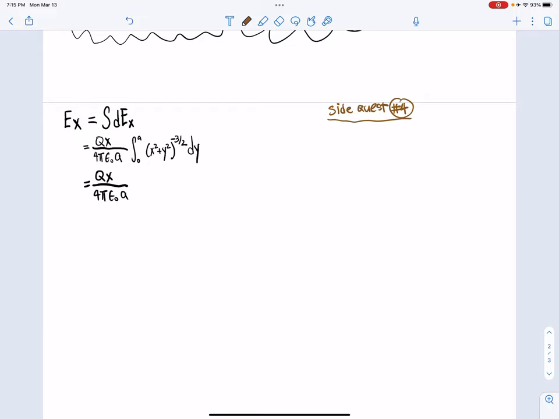Okay, so we want to find the integral of x squared plus y squared to the negative 3/2 dy, right? I'm going to rewrite that as the integral of 1 over x squared plus y squared to the 3/2 dy.